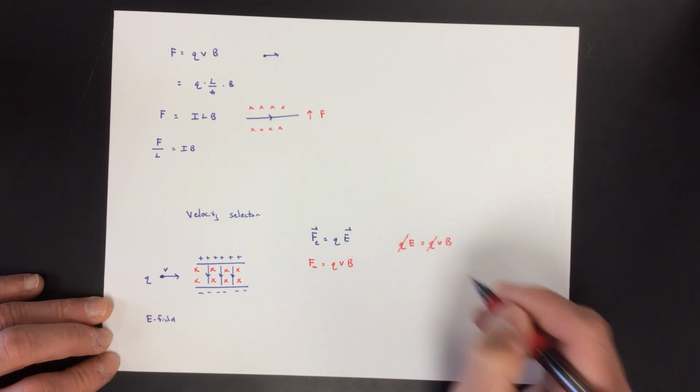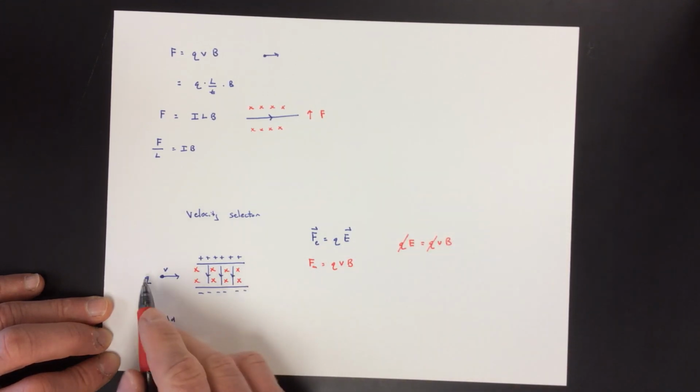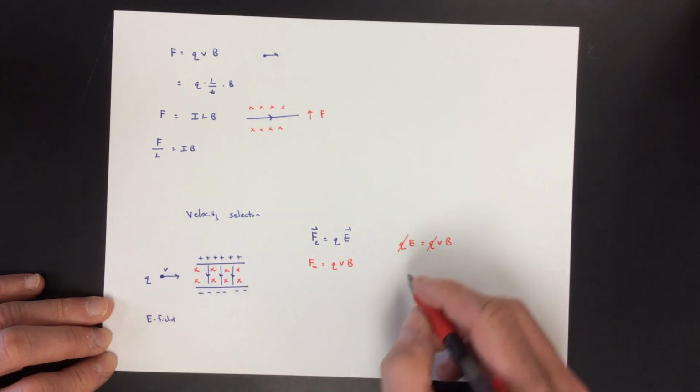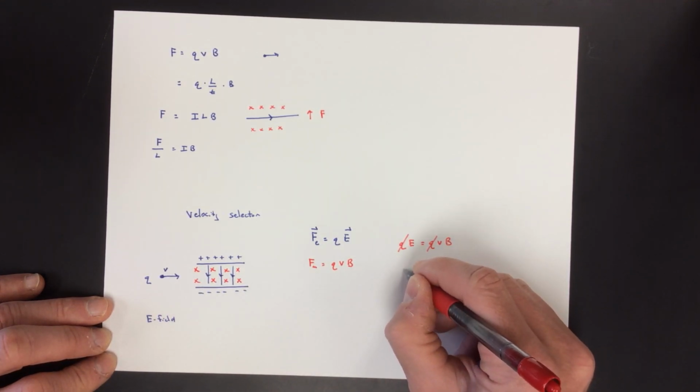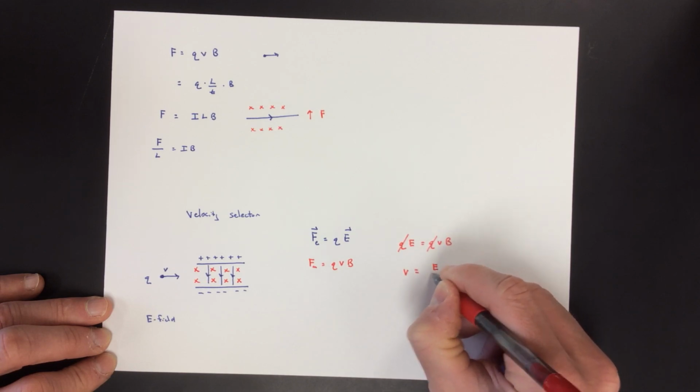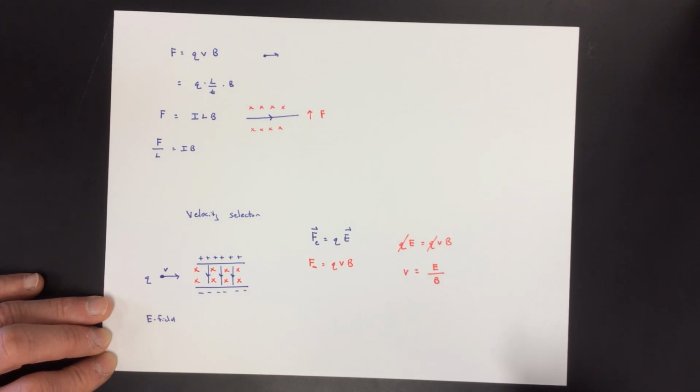The charge doesn't matter. If you want these charges to zoom through here unaffected, then all you need to make sure is that the velocity they're moving at is the ratio of E over B, where E is the magnitude of the electric field and B is the magnitude of the magnetic field. If they're moving at this speed, they'll zoom through this unaffected.